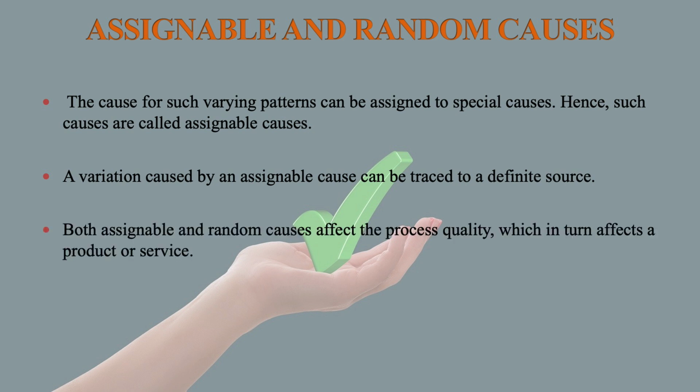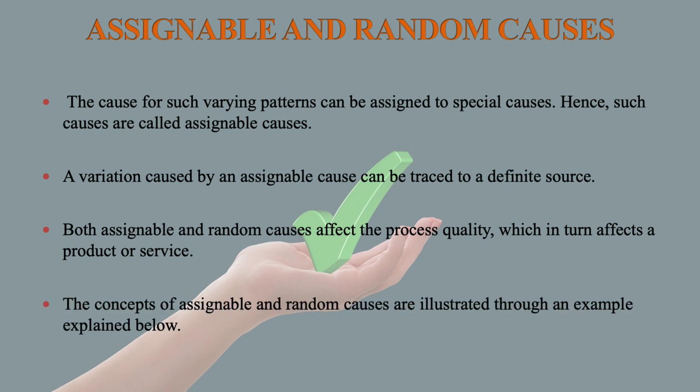Both assignable and random causes affect the process quality, which in turn affects a product or service. The concept of assignable and random causes is illustrated through an example explained now.